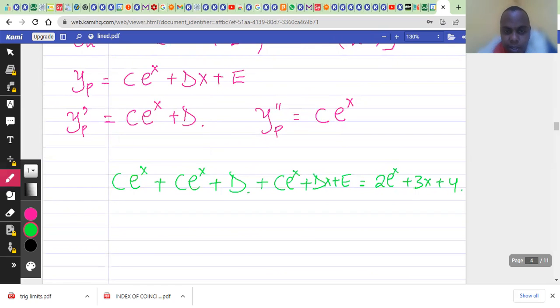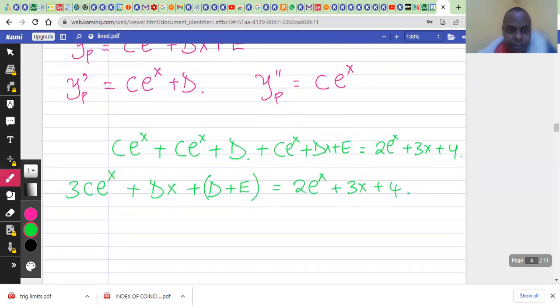It's going to be 3Ce^x plus Dx plus D plus E, right? Because the right side is 2e^x plus 3x plus 4.